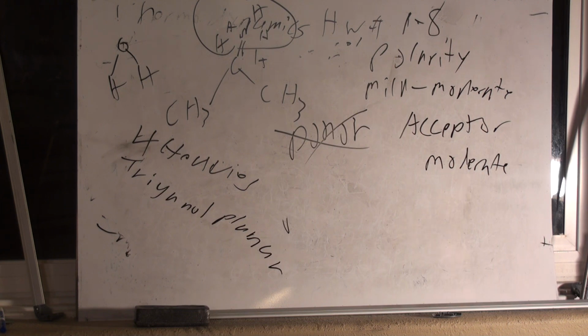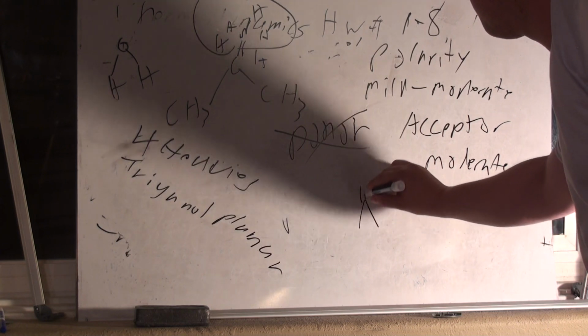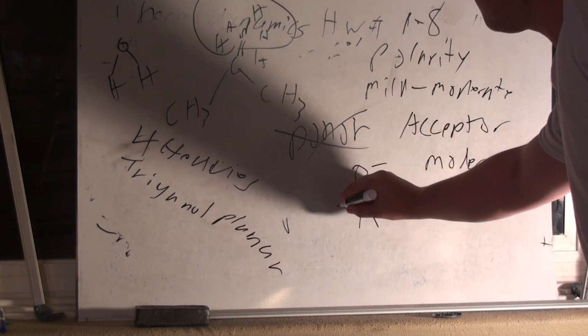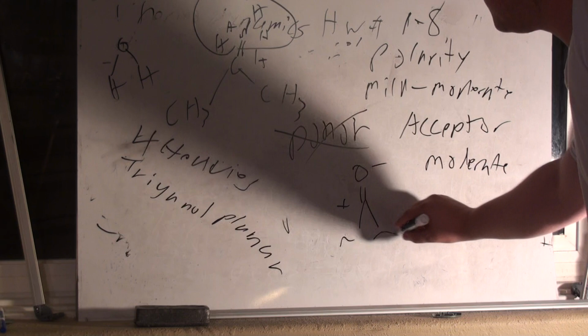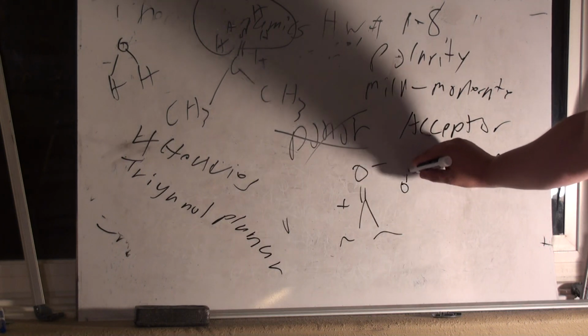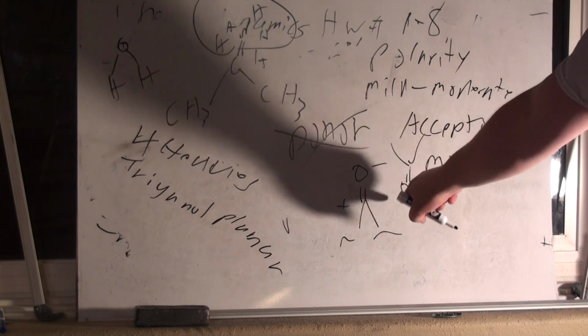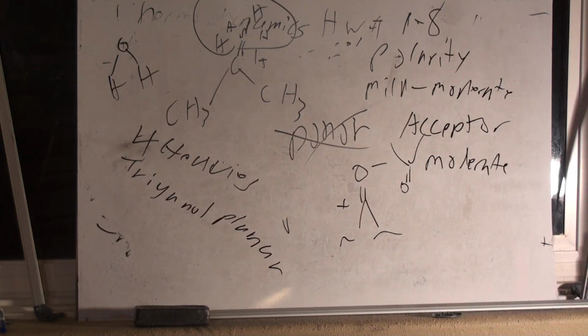So if we kind of redraw this, you got some minus here, and you got some plus here, and you got some kind of neutral here. Okay, maybe. So if it's going to line up the charges, it's really going to kind of do it this way. Okay, so that the minus is with this plus and this minus is with that plus. Which means that the 2 carbons don't really get good contacts. Or it's going to line up on top of each other and the charges don't really line up.